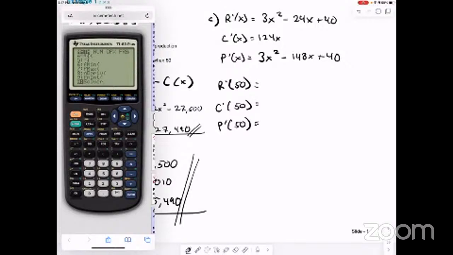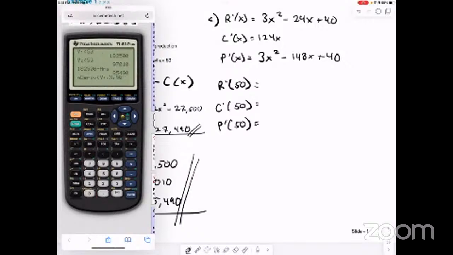So if we go to number 8, right? We want to take the derivative. Let me see. Function. I think it was like y1. This is our what? Our cost function, with respect to x. I'm trying to think. When x is 50. Oh, that's our revenue function.